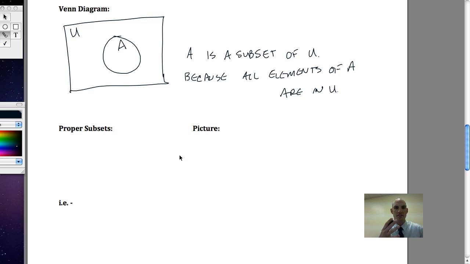And so when I have this subset A, every element in it has to be in U. Now, it might not necessarily be every element of the universal set, but every element of A is in U.